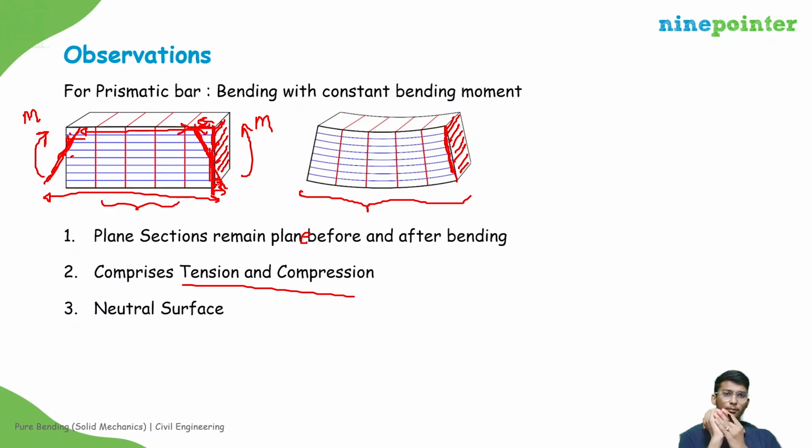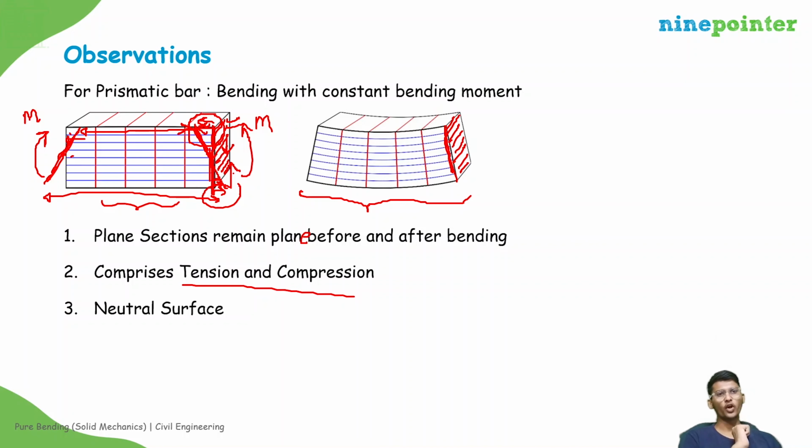So each plane consists of tension and compression in the longitudinal direction. The compression is maximum at the top and decreases gradually, and the tension is maximum at the bottom and decreases gradually.